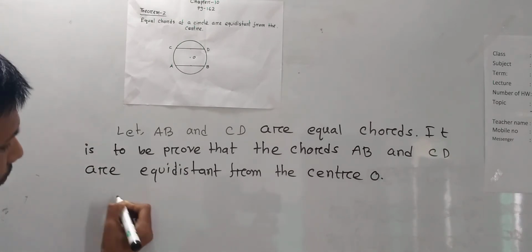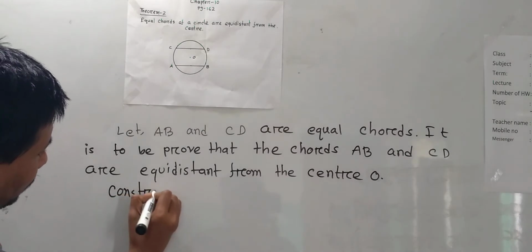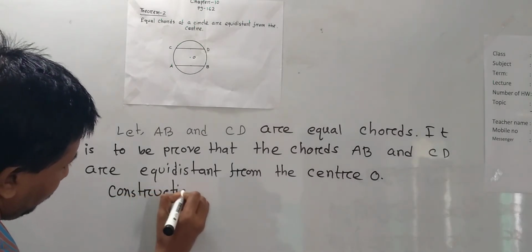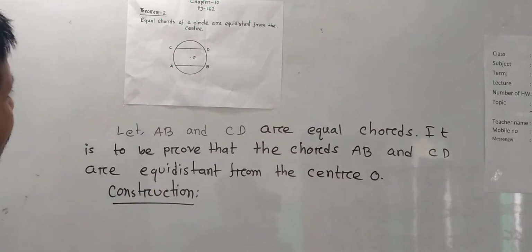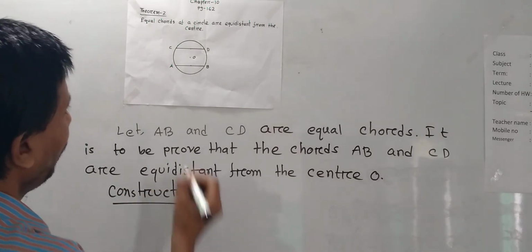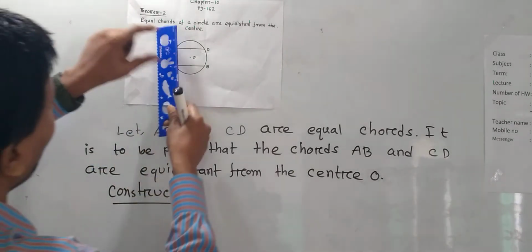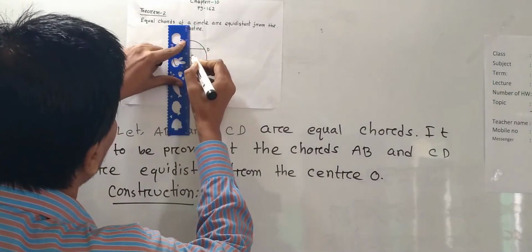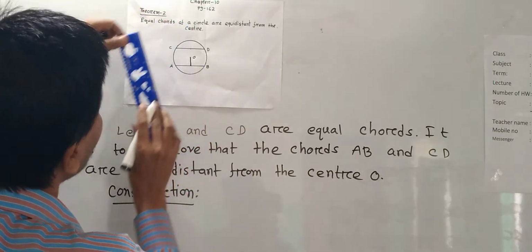Now construction. We draw a perpendicular OE on AB.